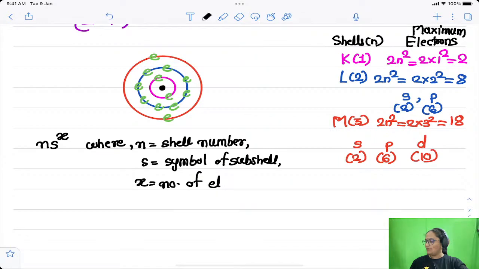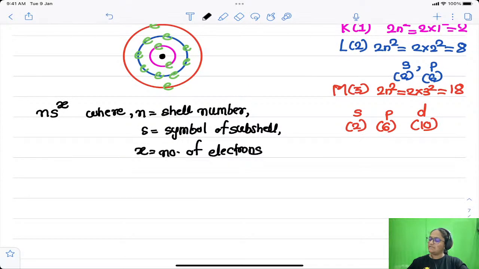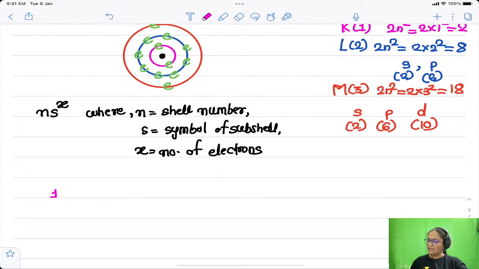First of all, the K shell. The K shell is shell number 1, so n is equal to 1. Then the symbol: for the K shell only one subshell is there, that is s.